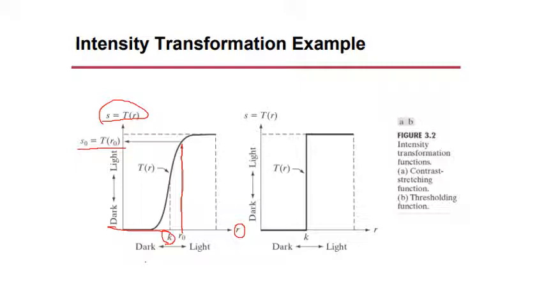If I take k as 100, whatever values are above 100, say 101, I make it 255, 110 make it 255, 200 make it 255. So any value above 100, make it 255. Whatever value is below 100, say for example 50, make it 0. If it is 2 also, make it 0. So this is known as the thresholding function, as simple as that.